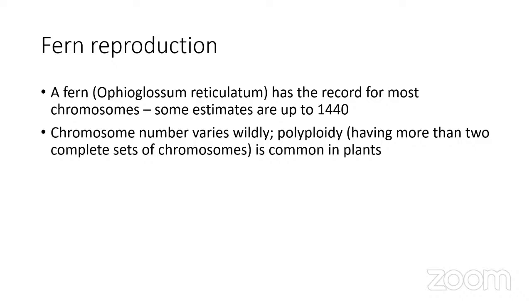One of the chromosome numbers in your book is one fern that has 11 chromosomes. But in some plants, we can have polyploidy, which means that instead of having, like a human does, 2 sets of chromosomes, plants can have more than that. They can have more than 2 complete sets of chromosomes, which makes things a little difficult.